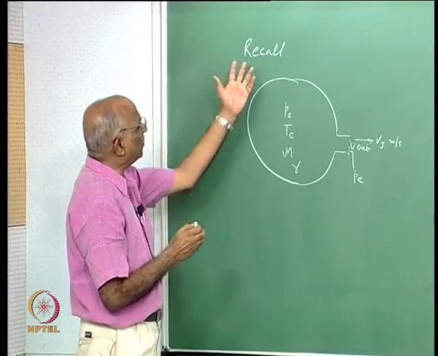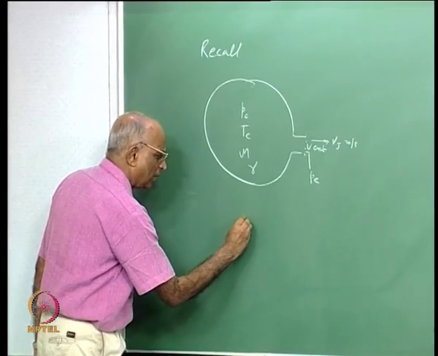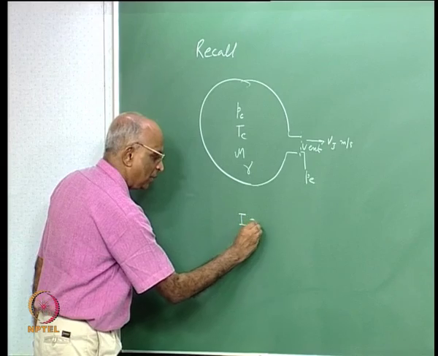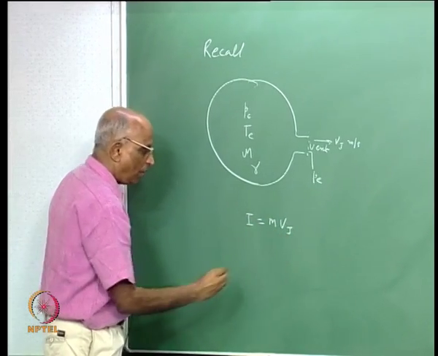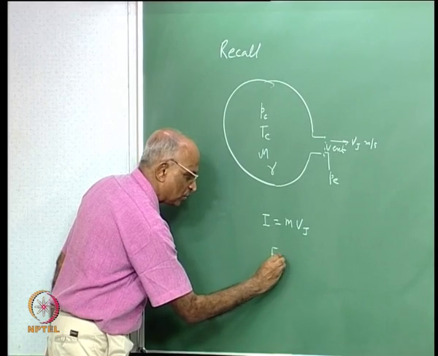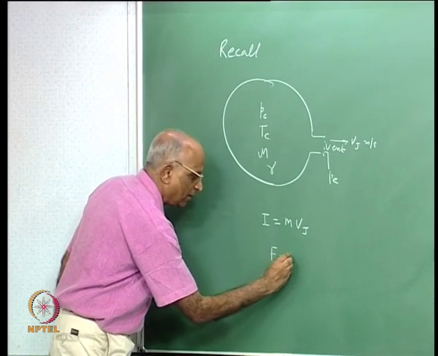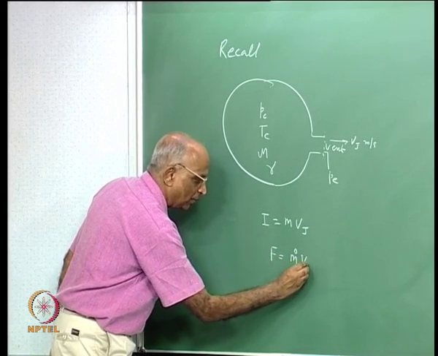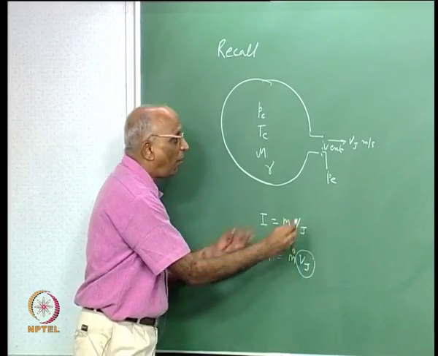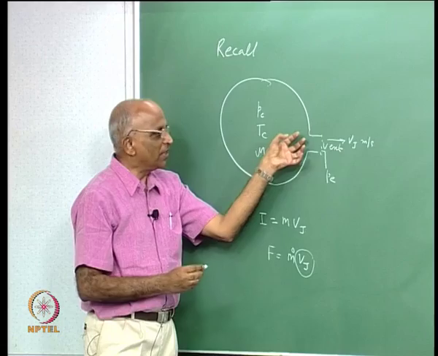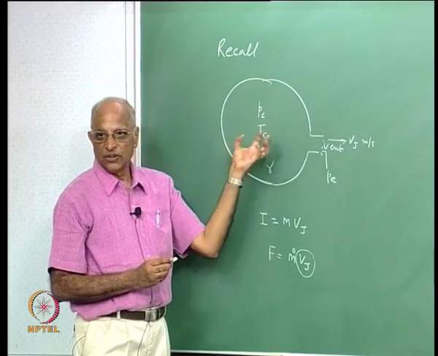Now, whenever we have a rocket, we told ourselves, well, impulse is equal to mass ejected into the jet velocity, or rather the force is equal to dI by dt, which is equal to m dot into Vj. Therefore, we are interested in a high value of the velocity with which the mass efflux leaves the chamber.